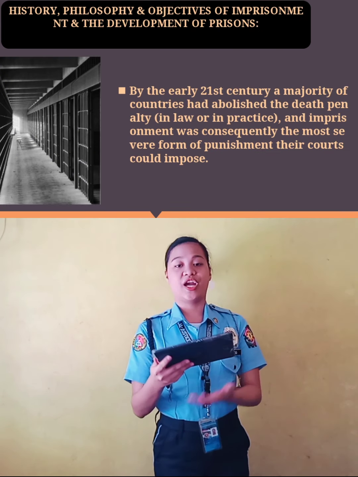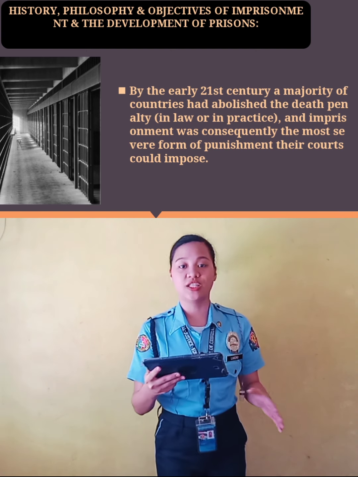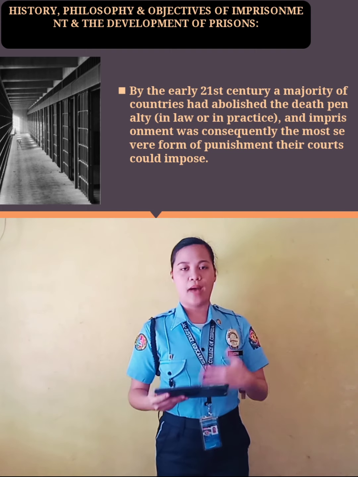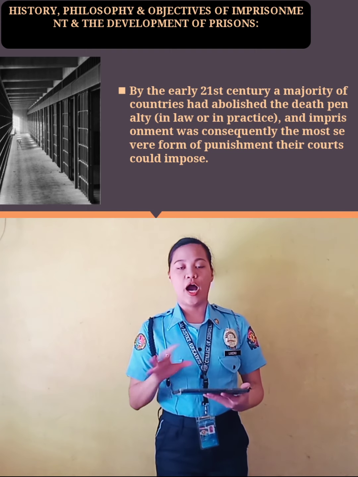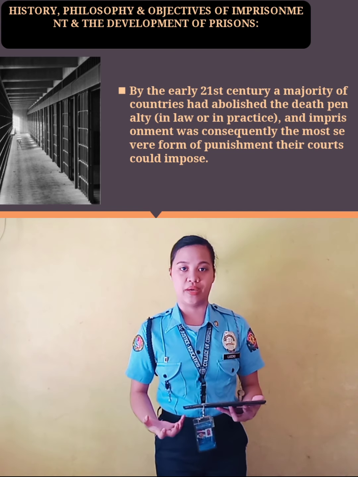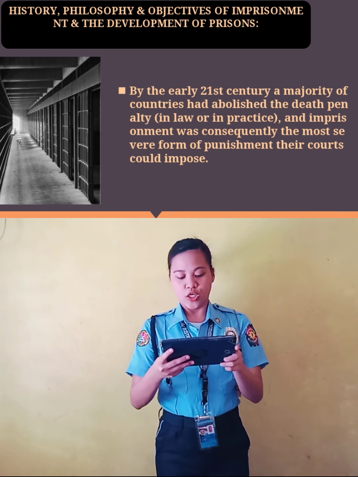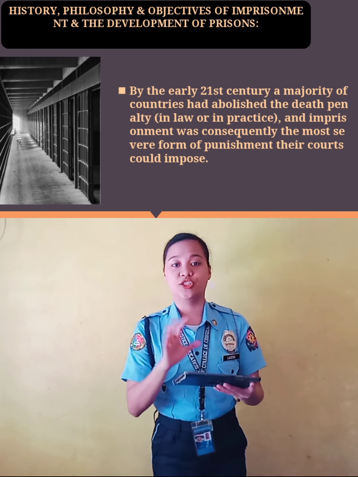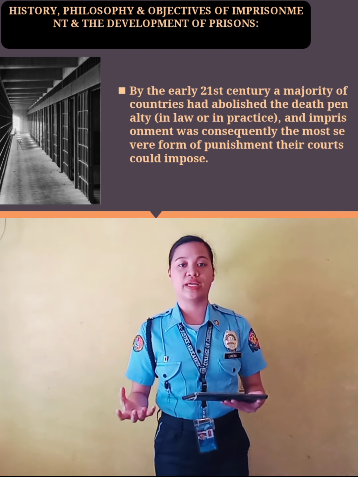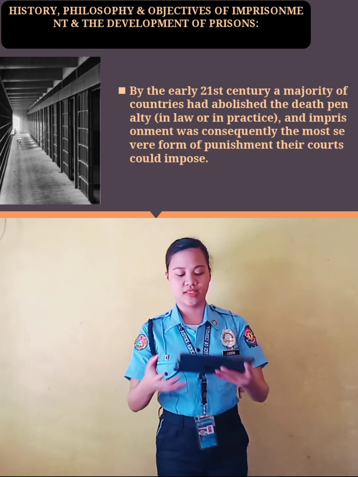By the early 21st century, a majority of countries had abolished the death penalty. Abolish means to stop, or to take away this kind of punishment, which is very inhumane or degrading.